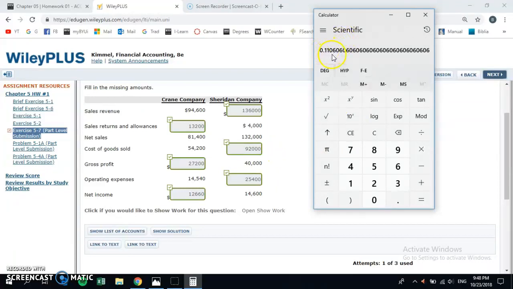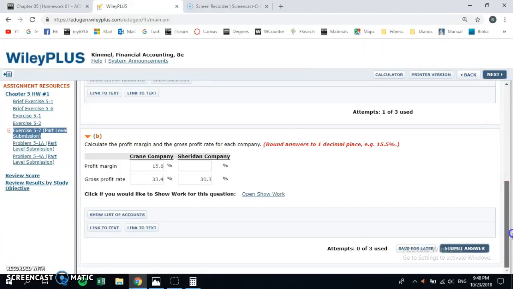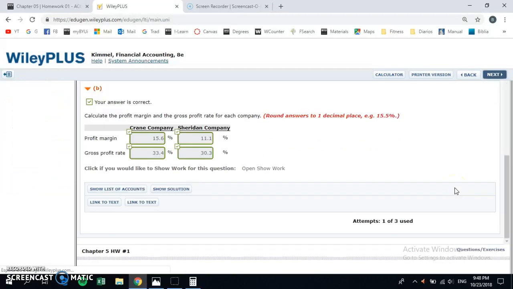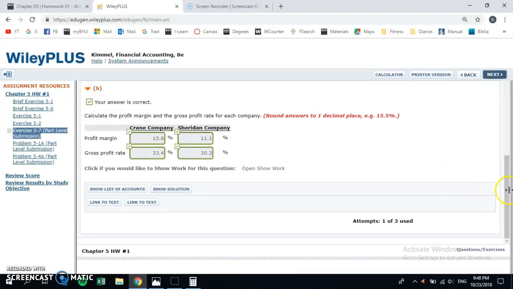So it will be 11.1 because we have to round 0.6 to the nearest decimal. 11.1. The moment of truth. Yes, it's correct. We did it right.